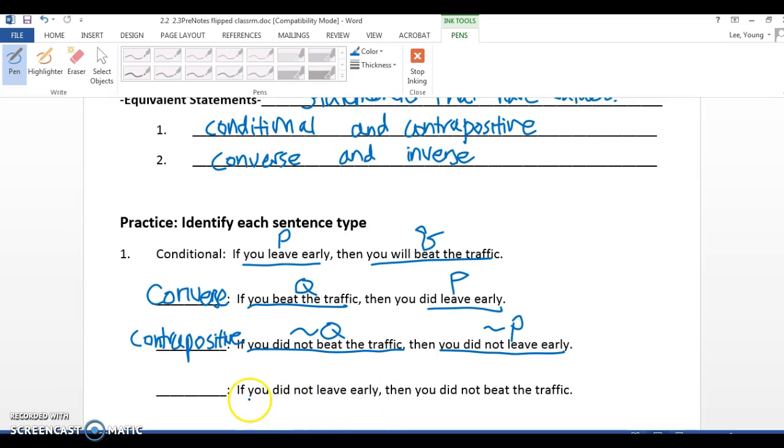How about this one? If you did not leave early, that was the hypothesis but you negate it, then you did not beat the traffic. Then it's not P, then not Q. What do we call that? We negated both the hypothesis and the conclusion, and we call that the inverse.